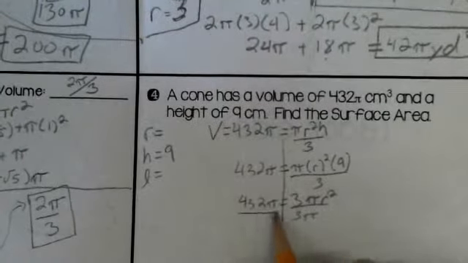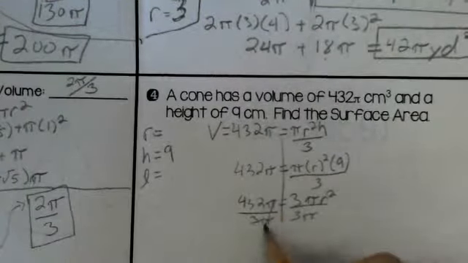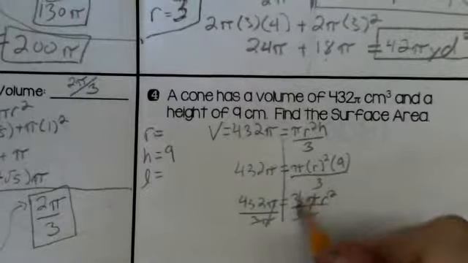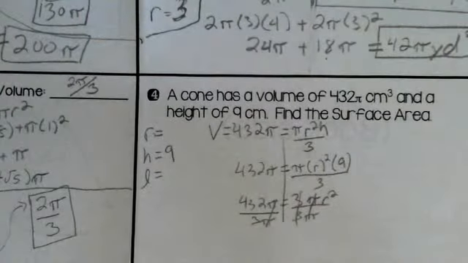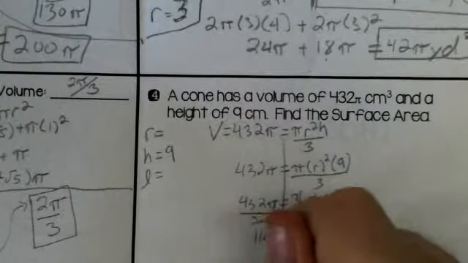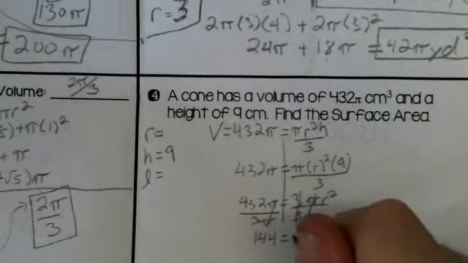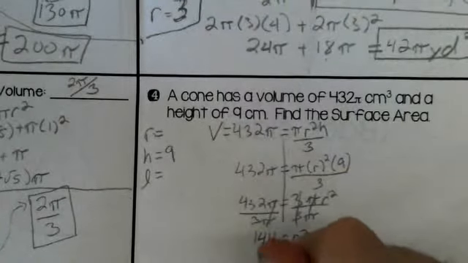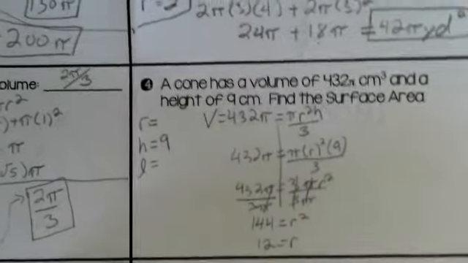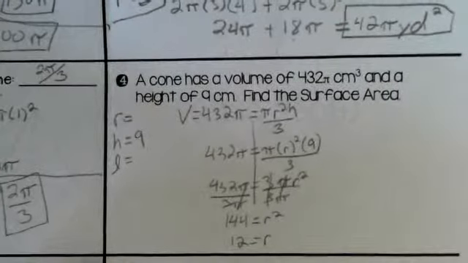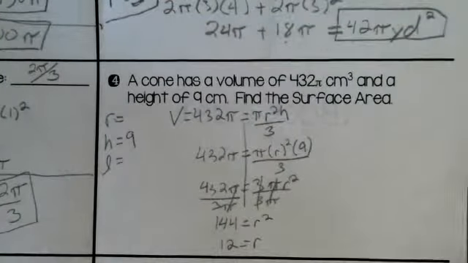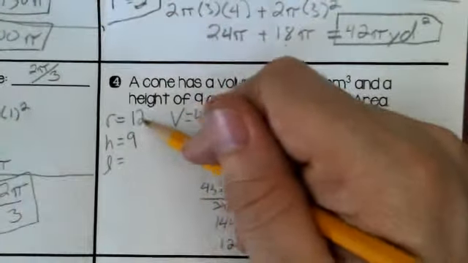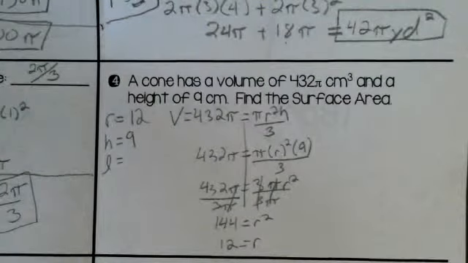When I divide both sides by 3 pi, makes the pi's go away, and so if I have 432 divided by 3, that's going to give me 144 to equal my r squared, which means that r equals 12. And so I'm going to come over here to my radius and mark that as equal to 12.